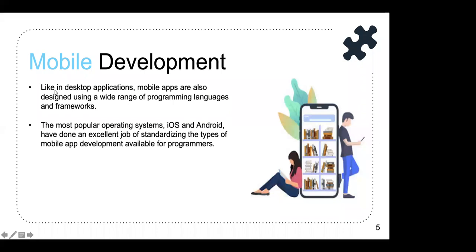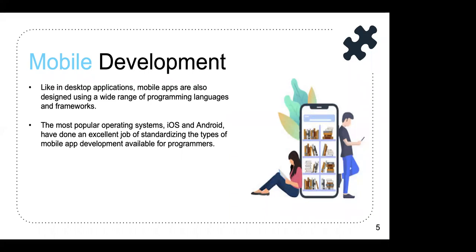Like desktop applications, mobile applications are also designed using programming languages. In desktop applications, we use Java, maybe C Sharp, and when it comes to mobile applications, we use some frameworks and languages to build our application.